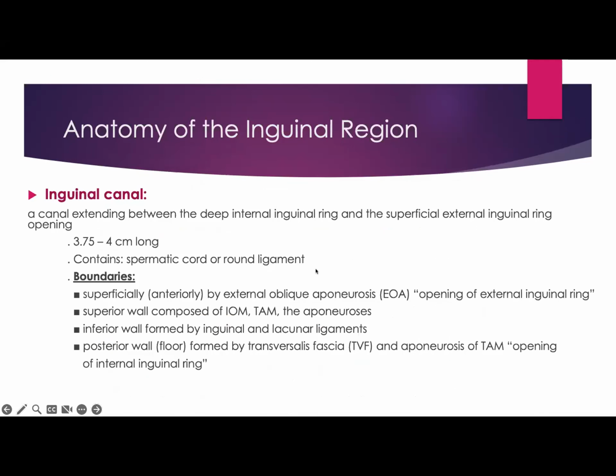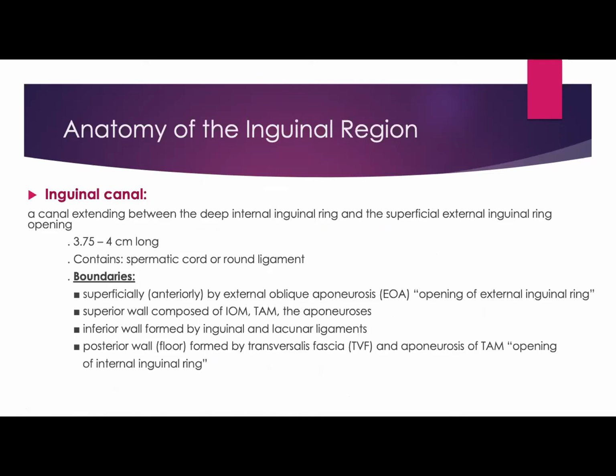So the inguinal canal is the reflection of the external oblique aponeurosis. And so the reflection is what forms the canal, okay? However, we also need to address the boundaries of this inguinal canal.